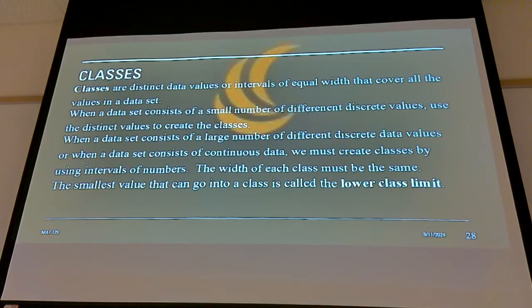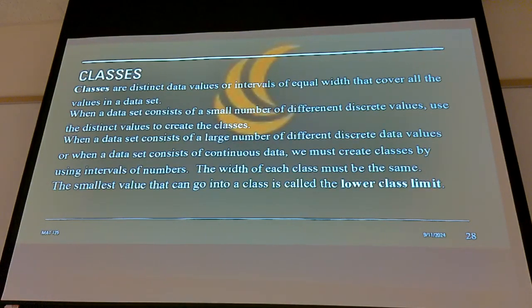The smallest value that goes into the next class is called your upper class limit. And the difference in that value, so the upper limit minus the lower limit, is your class width. And again, you want each class to have equal width.